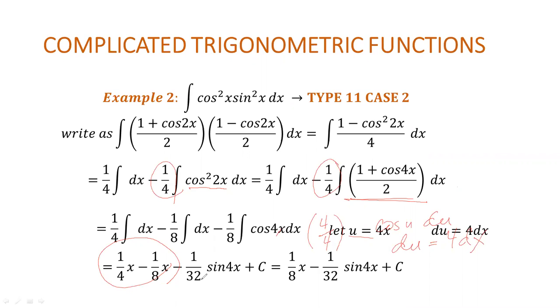And the third term here becomes the second term, which is 1/32 sine of 4x. So the integral of cosine squared x sine squared x dx now has 1/8x minus 1/32 sine of 4x plus c as its answer.